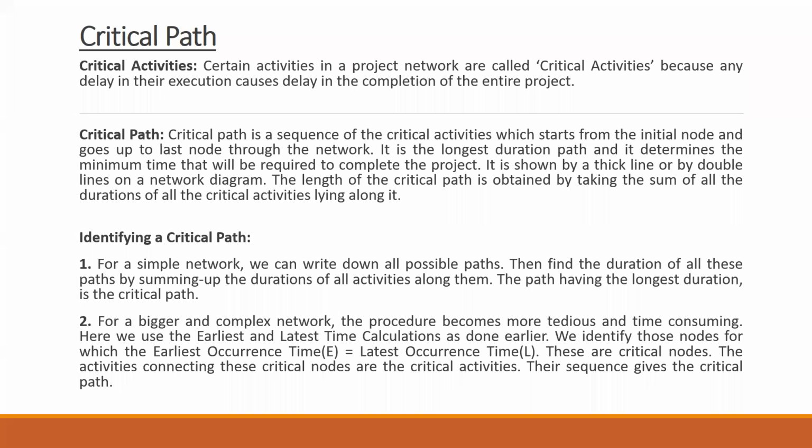And whichever node has the earliest occurrence time equal to the latest occurrence time will be a part of your critical node. So it will be called a critical node. And all the critical nodes which are connected through the activities will form your critical path. So two methods, whichever method is asked.